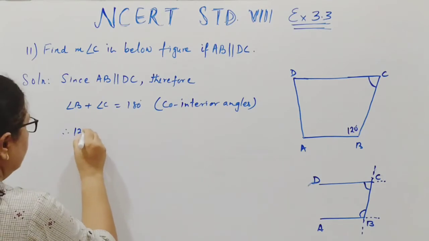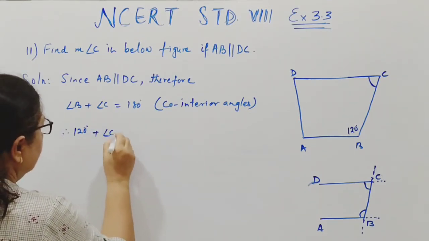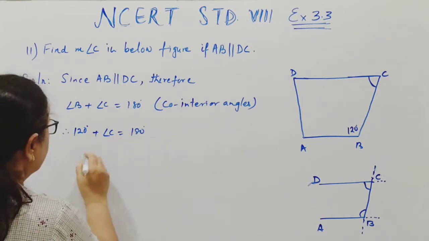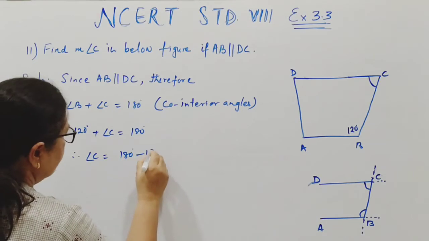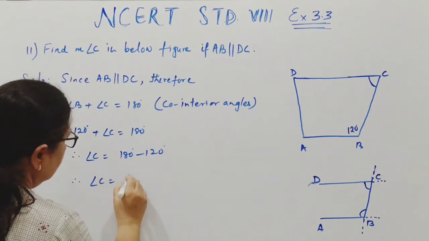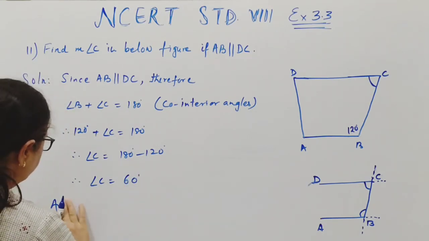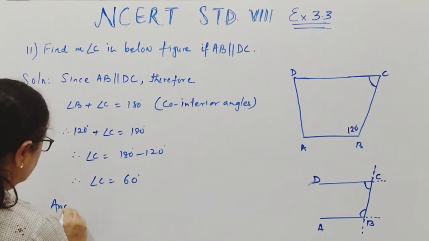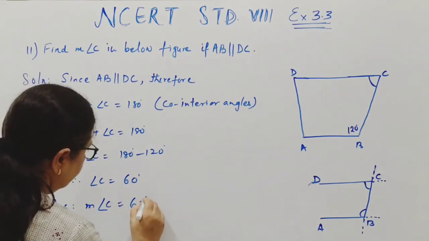Therefore, 120 degree plus angle C is equal to 180 degree. Therefore, angle C is equal to 180 degree minus 120 degree. Therefore, angle C is equal to 60 degree. Answer. Measure of angle C is equal to 60 degree.